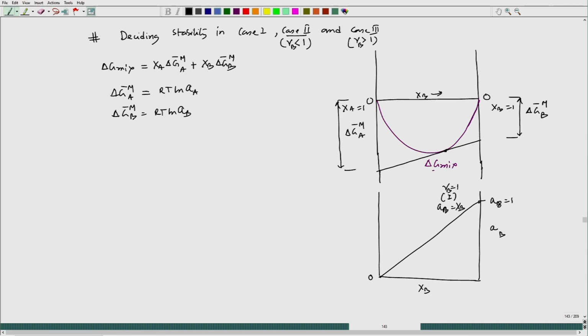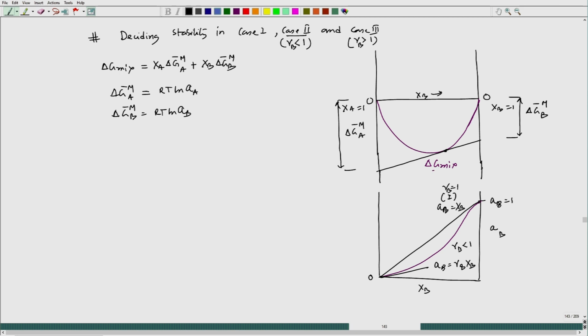Then the plot for case 2 would be this one, and this line indicates gamma B less than 1, and this line is a B equal to gamma B x B.